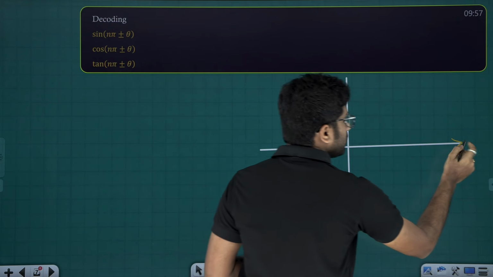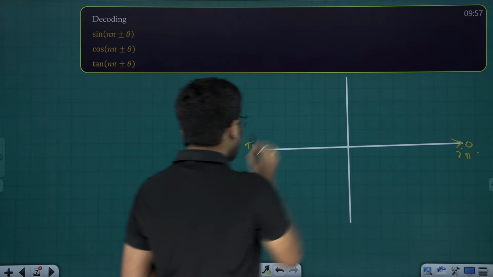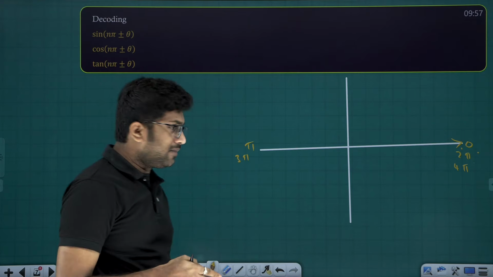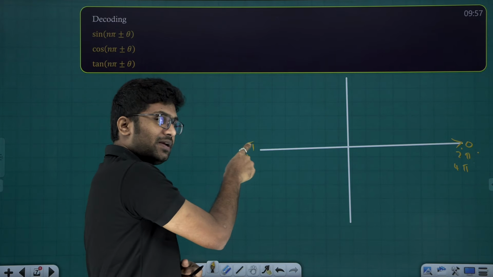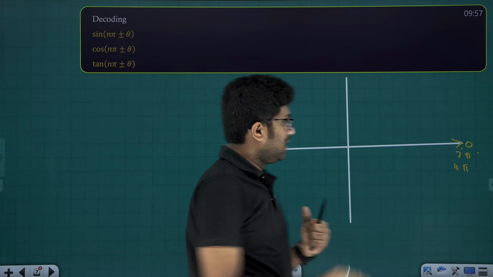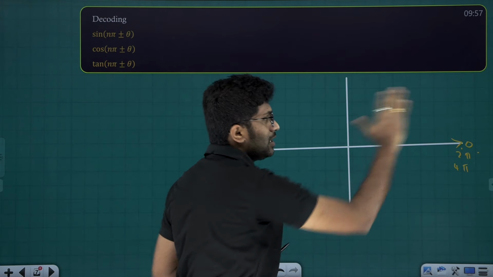So 0, pi here, 2 pi here, 3 pi here, 4 pi here. All odd multiples of pi will be coming here and all even multiples of pi will be coming here. If you go in the clockwise direction also, odd multiples of pi, again even multiples of pi.